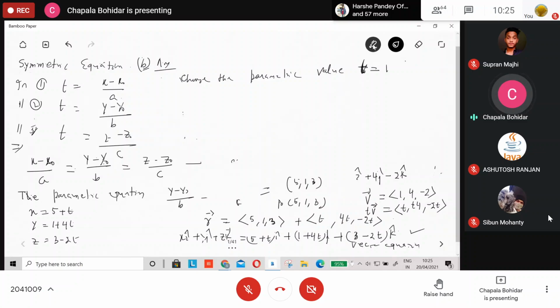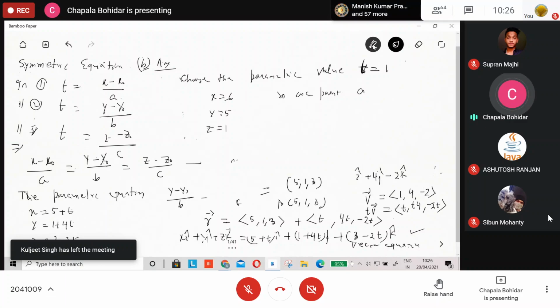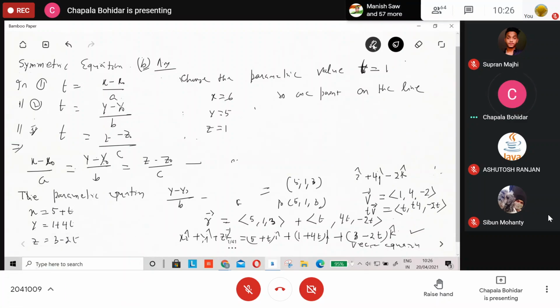So for t equal to 1, x is equal to 6, y is equal to 5, z is equal to 1. So one point on the line is (6, 5, 1).